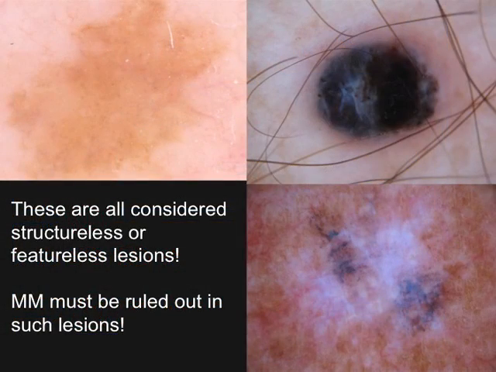And so these so-called featureless or structureless lesions are often not completely featureless or structureless. They can be tan like this, but they can be very darkly pigmented. They can have these regression structures. But again, you can't define the lesion as melanocytic or non based on this algorithm.